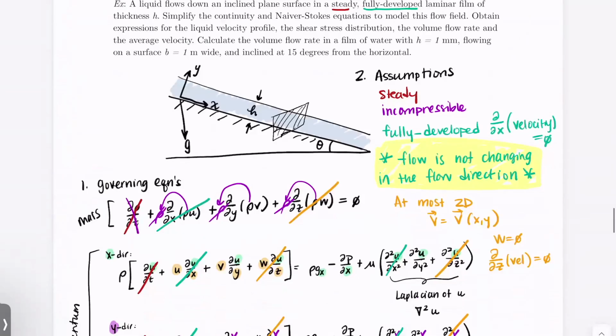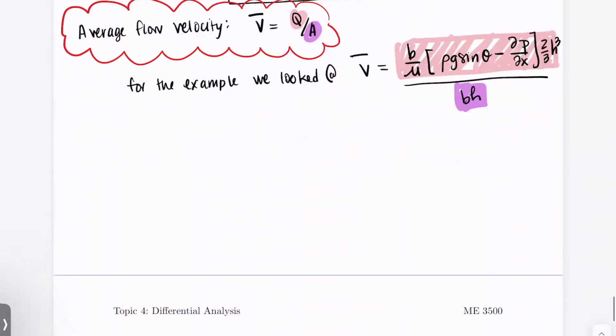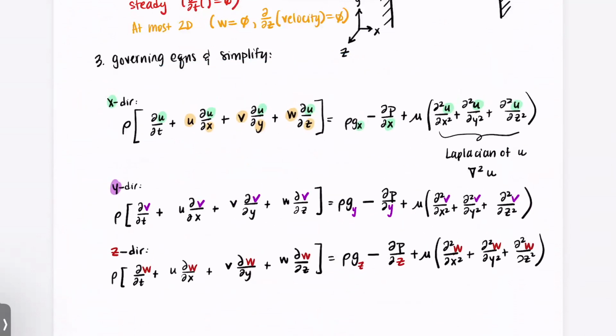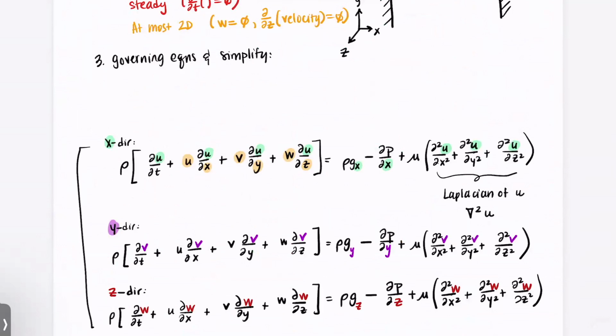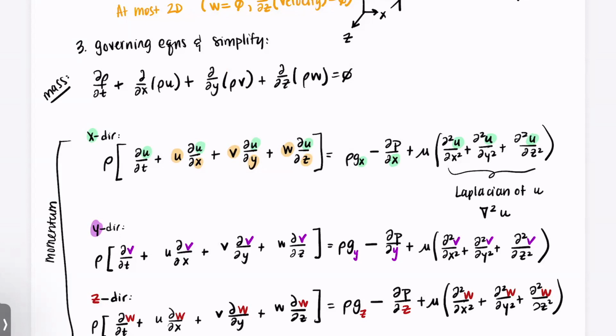Okay, so this guy is momentum. And then mass is partial rho partial t plus partial x of rho u plus partial y of rho v plus partial z of rho w is equal to 0. So this is mass.